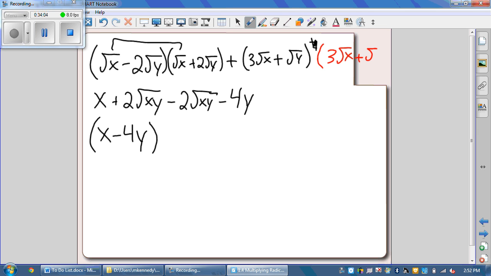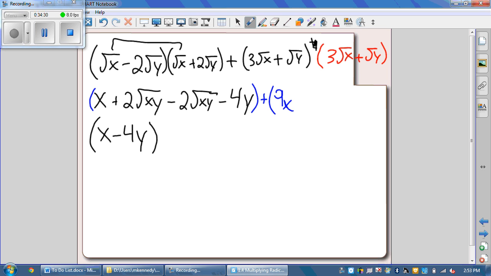We'll do blue just so we can kind of see. 3 root x times 3 root x gives me 9x. Outside terms, 3 root x times root y gave me plus 3 root xy.